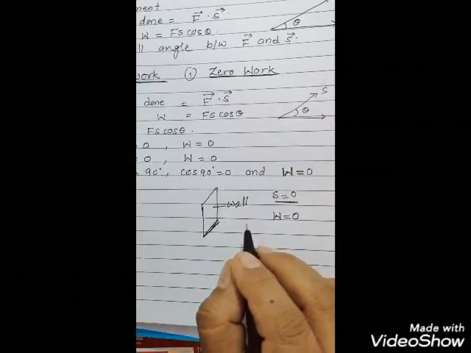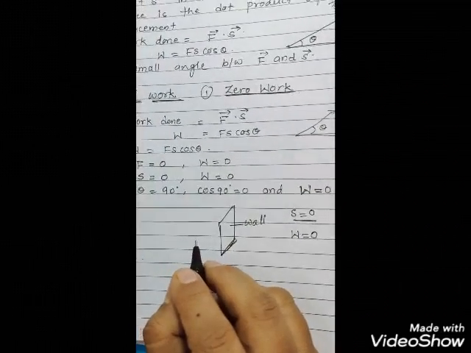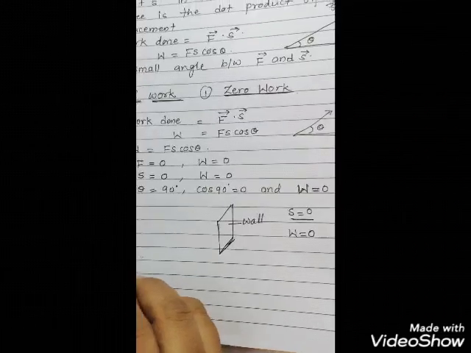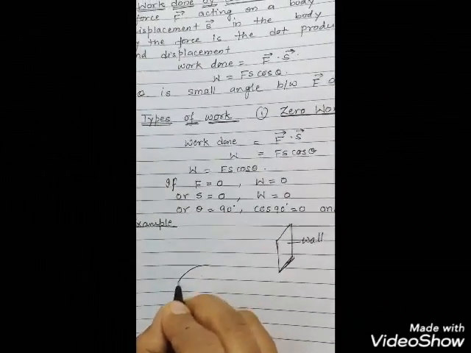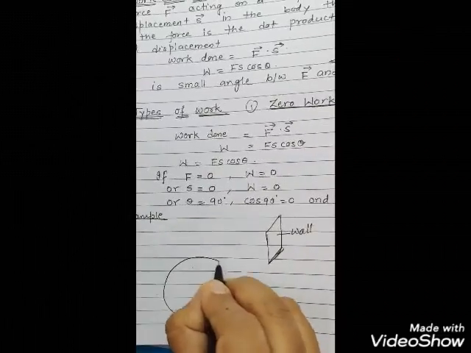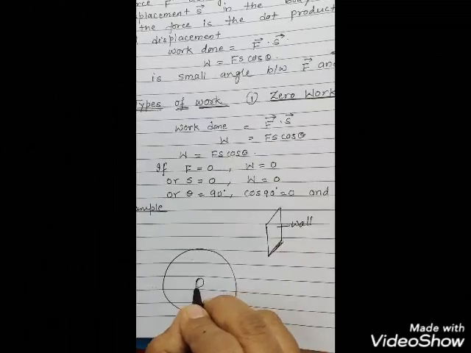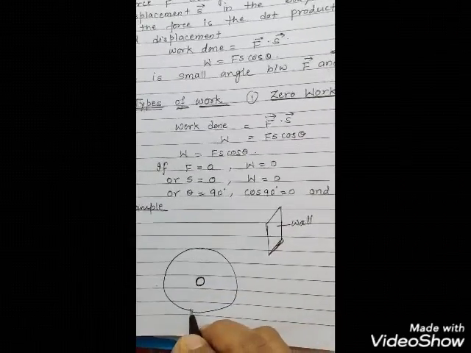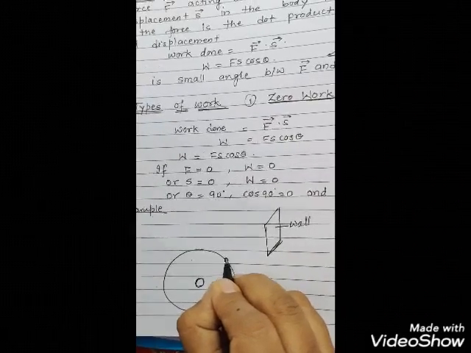Even no work is done when a satellite revolves around a planet. So this is a planet, and in this orbit a satellite is revolving around the planet.